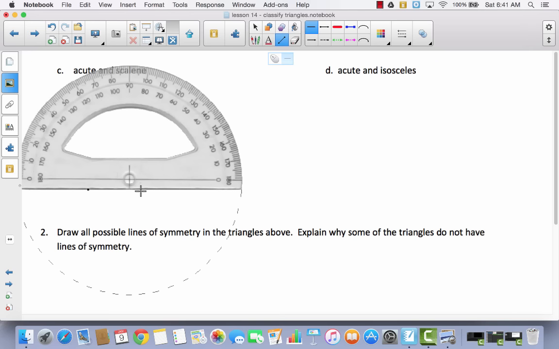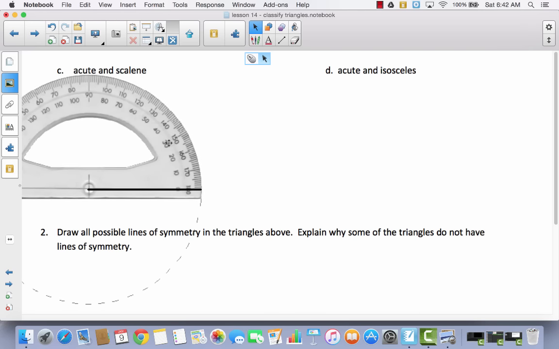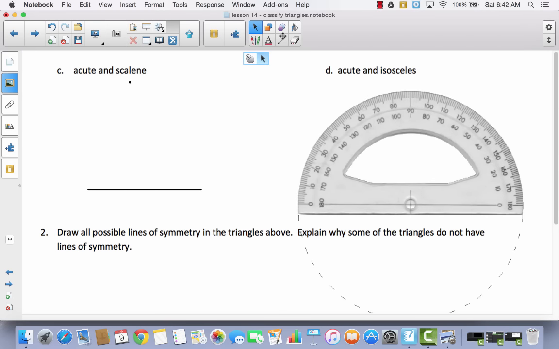Okay, so I'm going to make my baseline a little bit in the middle this time. I'm going to scooch my protractor over. I want it to be a little bit more than 60 degrees. So I'm going to make this one about 70 degrees.